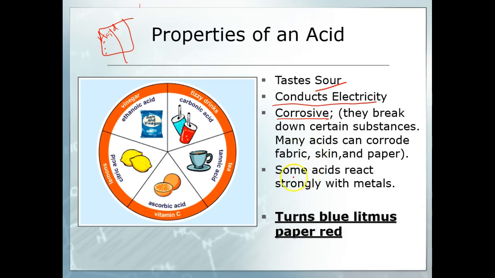And some of them react with metals, okay? They turn blue litmus paper red, and they have a pink indicator. Okay, so I want you to add all that to your notes. So if you need to stop the video, go right ahead, okay?